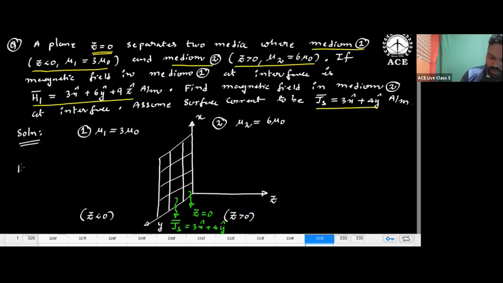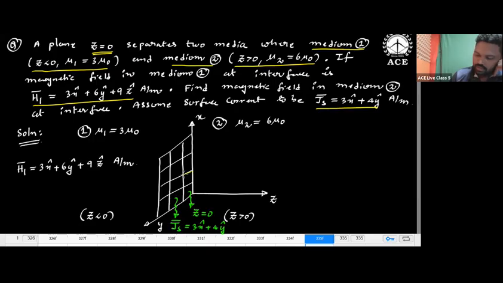And what is the H1 here? H1 is equal to 3x cap plus 6y cap plus 9z cap ampere per meter, beta. Surface current is given. What is the normal acting from 1 to 2?